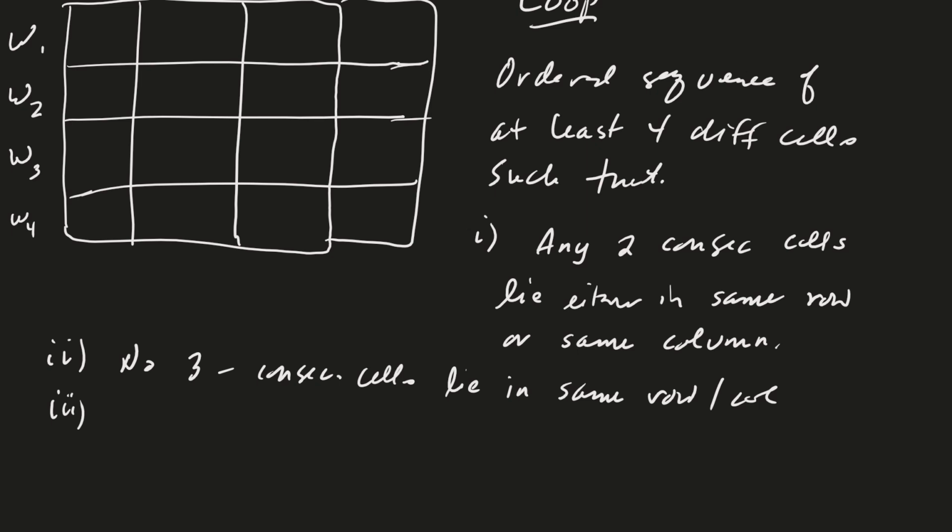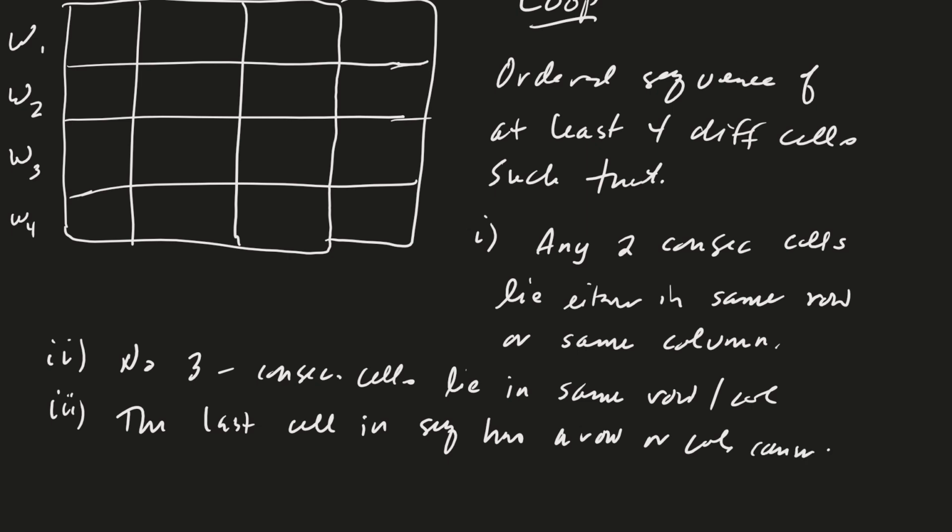And part 3 will be the last cell in the sequence has a row or column common with the first. Okay, so let's see what I mean by that.